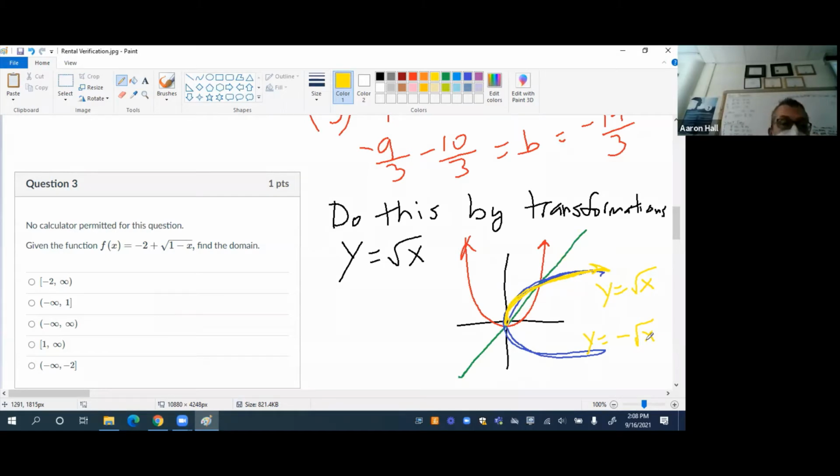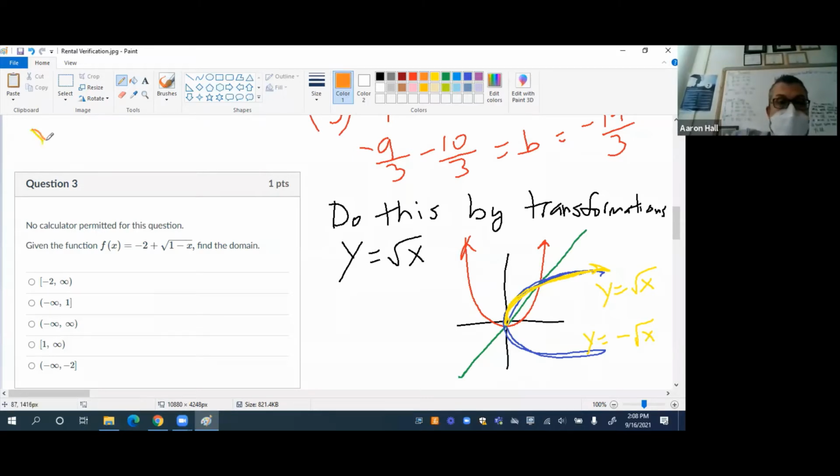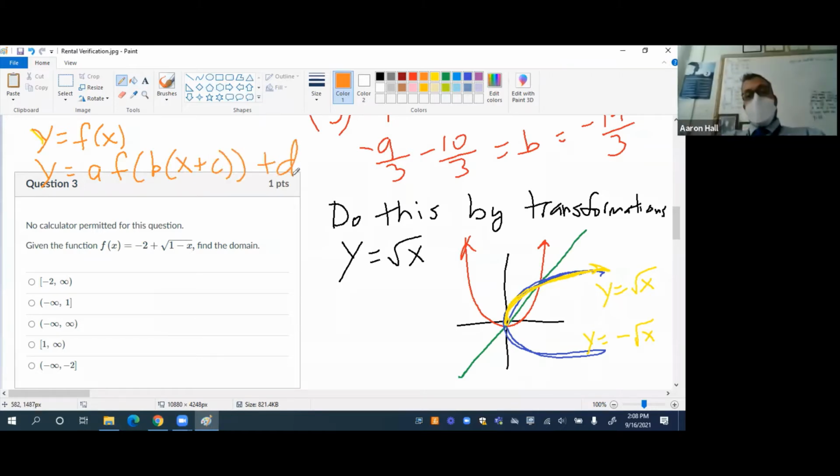Now let's consider all of the transformations. Remember, if I have y equals f of x, our transformations are a times f of b times x plus c, plus d. Remember talking about this?